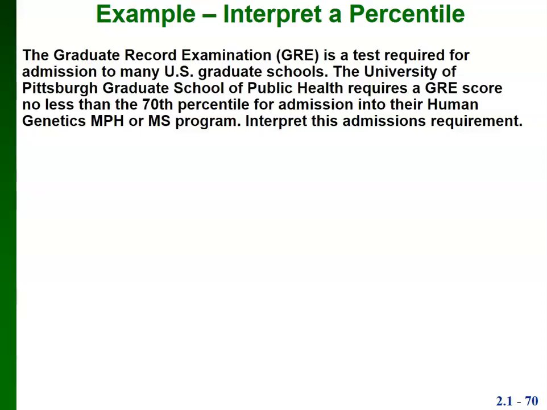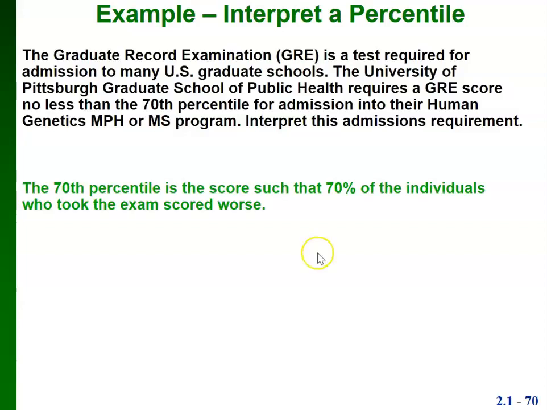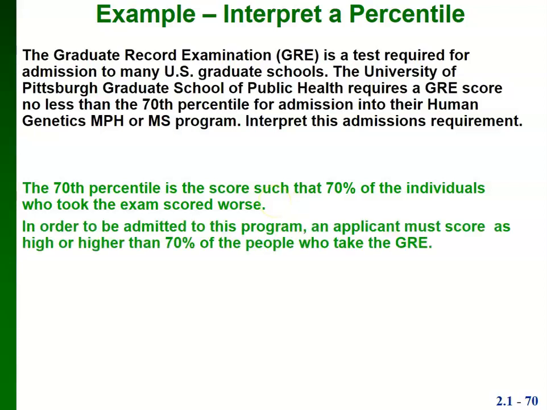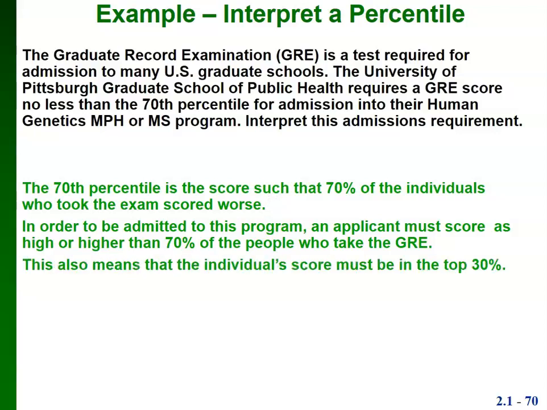If we want to interpret this admissions requirement, one thing we could say is that the 70th percentile is the score such that 70% of the individuals who took the exam scored worse than that. In order to be admitted to this program, an applicant must score as high or higher than 70% of the people who take the GRE. Another way we could think about it is that the individual score must be in the top 30%.